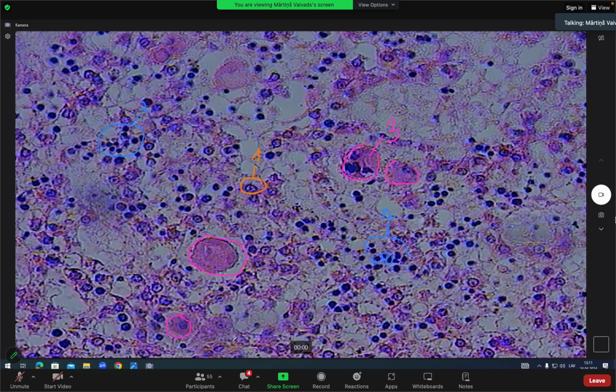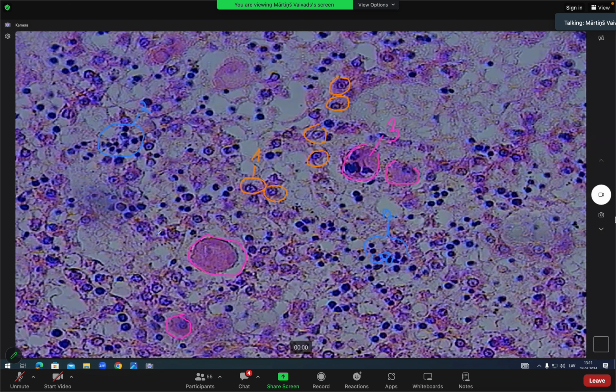Number 1 and number 2, how to differentiate them? So number 1 is a hepatocyte. All the cells that I'm showing you with orange color, all of these are hepatocytes. First of all, they have a nucleus with a nucleolus. And you see these cells are bigger than the hematopoietic islands. Hematopoietic islands look like dark blue dots without any nucleolus inside.